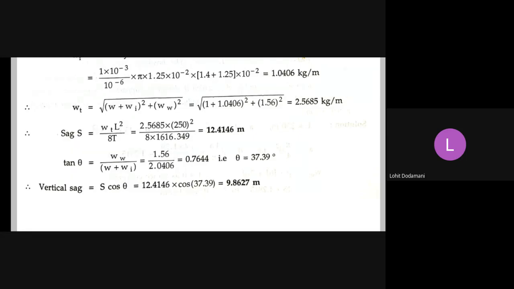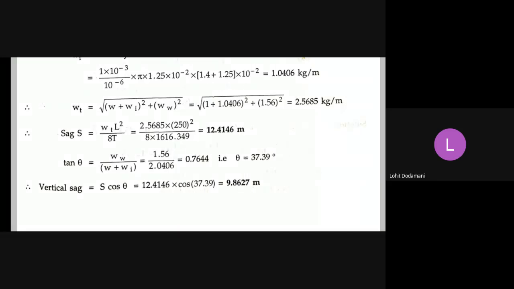Why are we finding tan theta? To find theta, the angle, so that we can find the vertical sag, S cos theta. Theta comes to 37.39. So cos of 37.39 will give you S cos theta, the vertical sag.